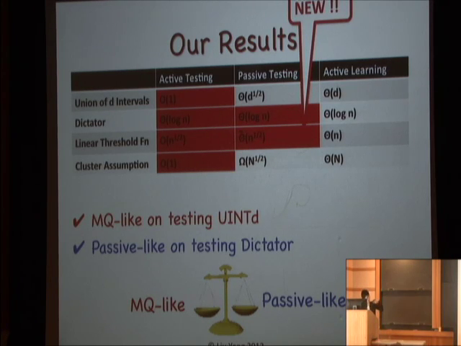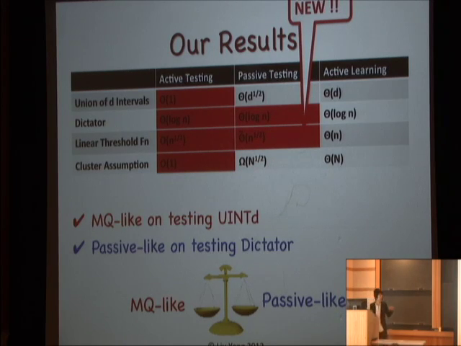For testing linear separators, on the third row, in n-dimensional real space, we show that both active and passive testing can be done with order square root n queries, which is substantially less than the omega n needed for learning. That is a long-established lower bound for learning, where n is the dimensionality. Also, we get a new upper bound for the passive testing model.